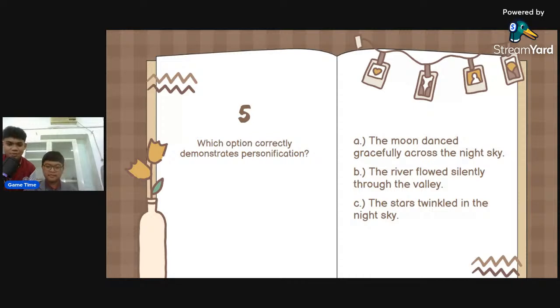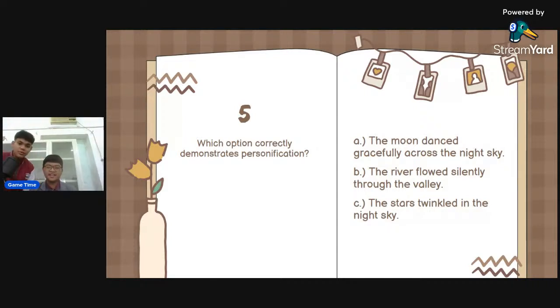C, the stars twinkled in the night sky. I was contemplating whether it was either A or C. What did you say? You're all thinking.